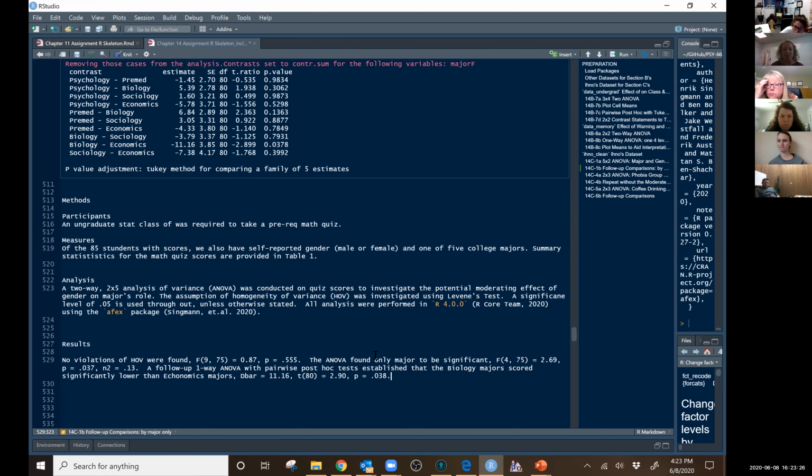No. So like, follow up one-way ANOVA with pairwise post-hoc tests utilizing Tukey's HSD adjustment for multiple comparisons.